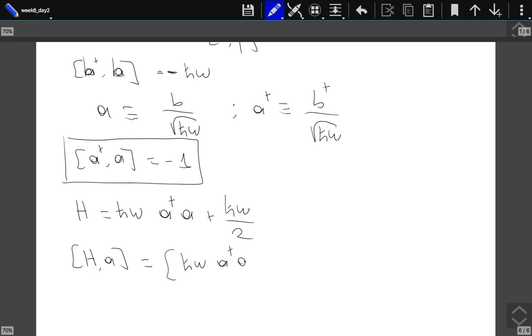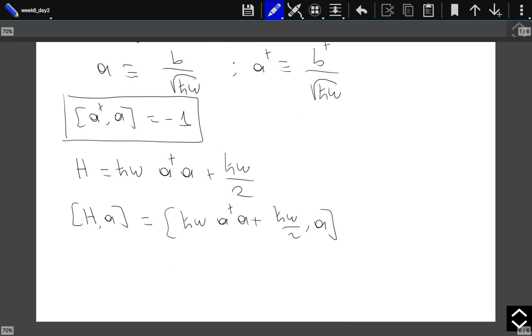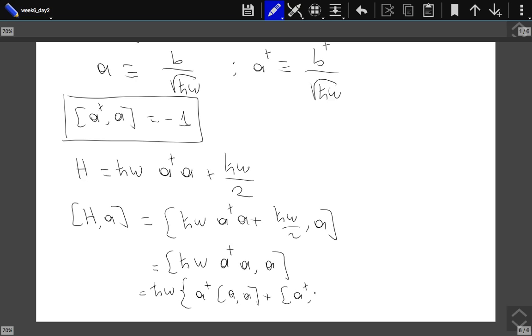h bar omega, a dagger a plus h bar omega over 2, with a. This is equal to h bar omega, a dagger a, because a commutes with h bar omega over 2. Well, here h bar omega is a constant. I can just take it out. What remains, I have the product of two operators. In the commutator, I can expand it. So this will be a dagger, commutator of a and a, plus a dagger commutator with a times a.